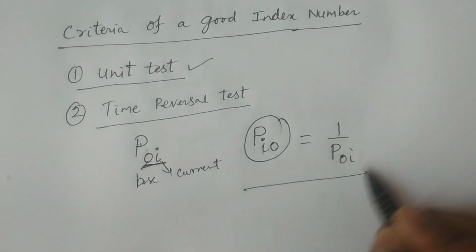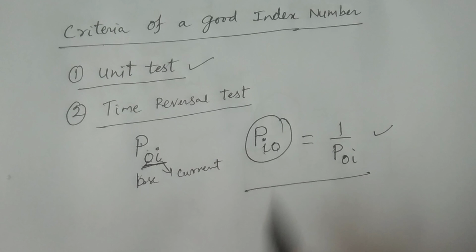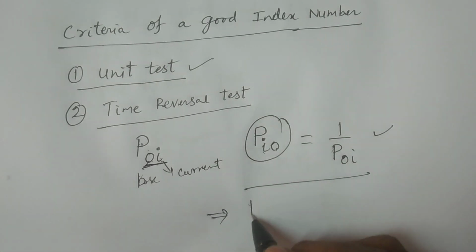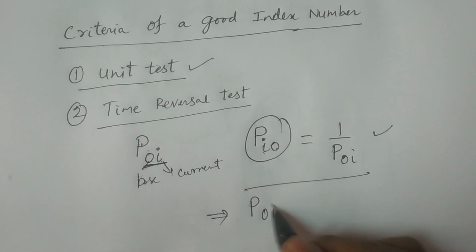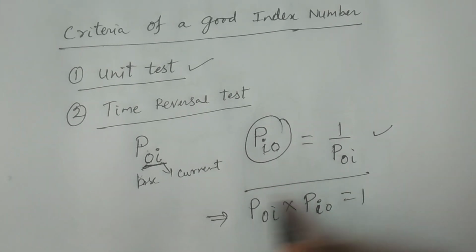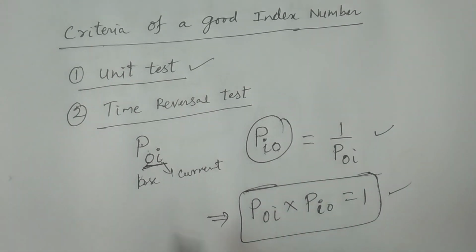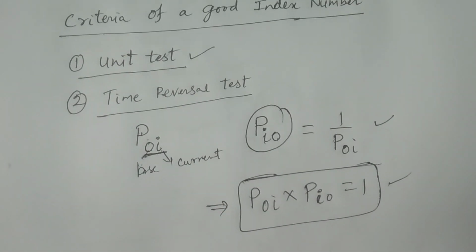This is what is specified by Fisher. To prove this, we can simply prove that P0i into Pi0 is equal to 1. If you prove this, it is enough to prove the time reversal test.